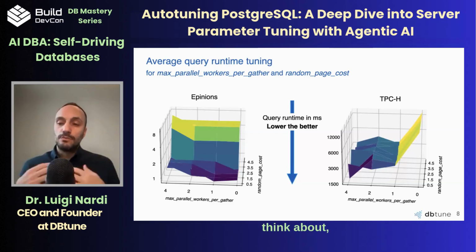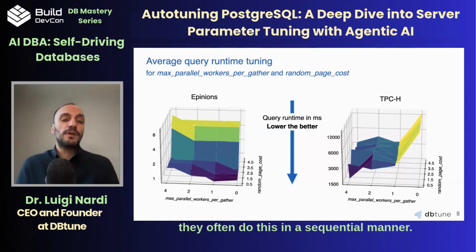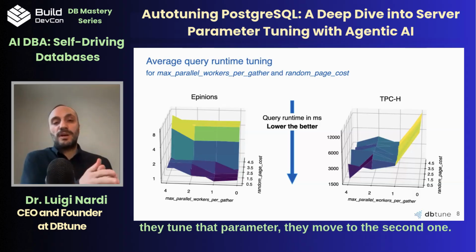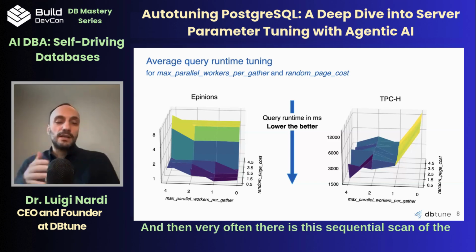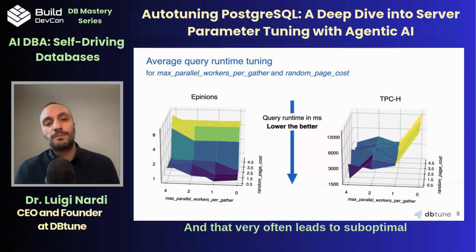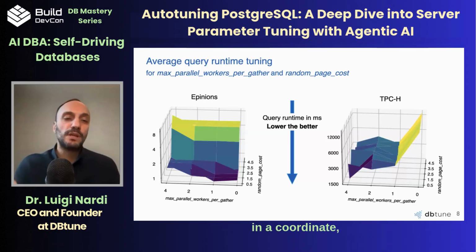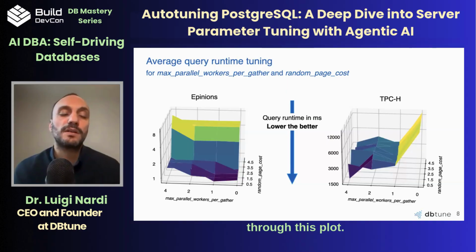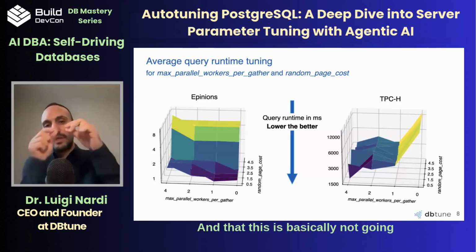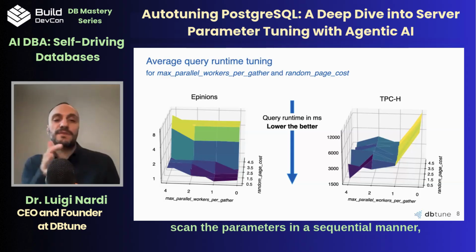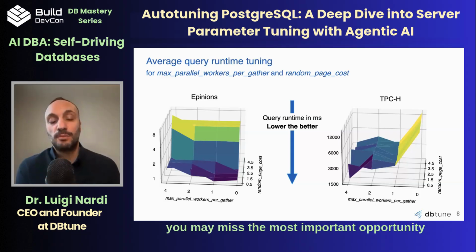when they do tuning, they often do this in a sequential manner. So they start with one parameter, they tune that parameter, they move to the second one, and then very often there is this sequential scan of the parameters, and that very often leads to suboptimal results because you are basically moving in a parallel coordinate type of way through this plot, and this is basically not going in a diagonal way, and that means that if you scan the parameters in a sequential manner, you may miss the most important opportunity.